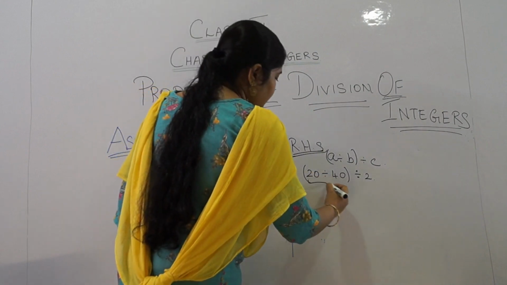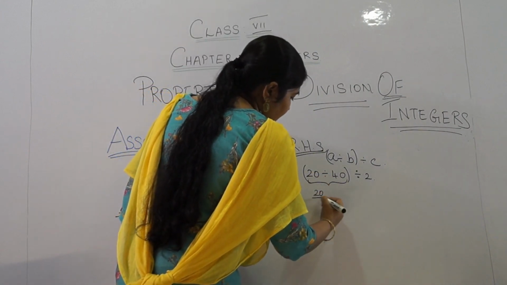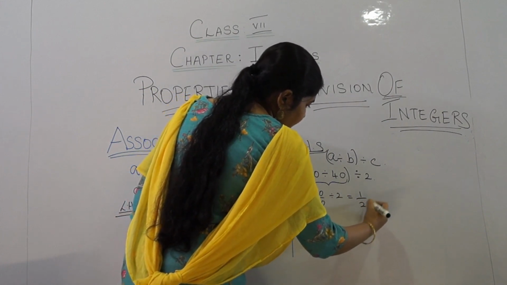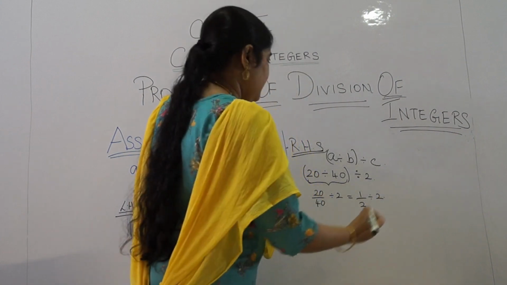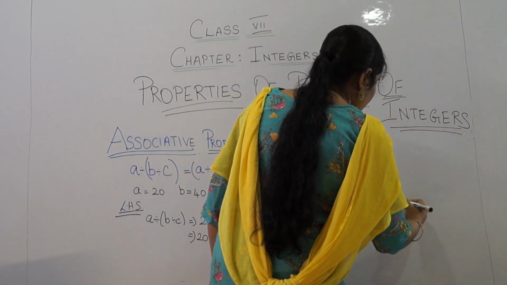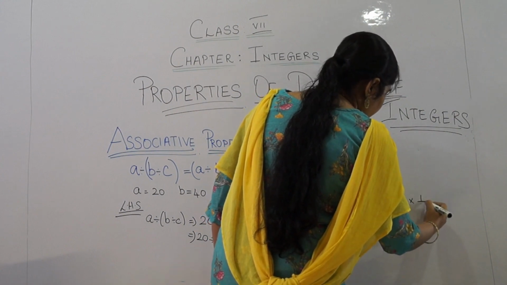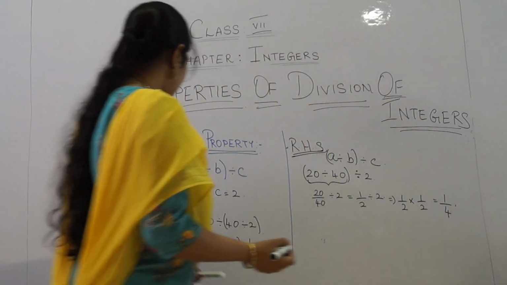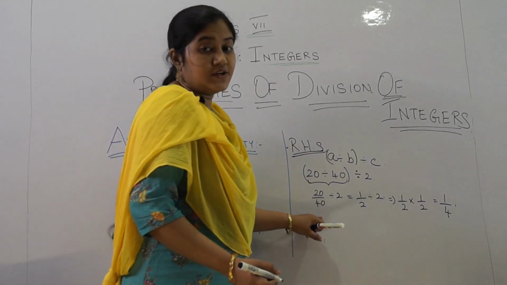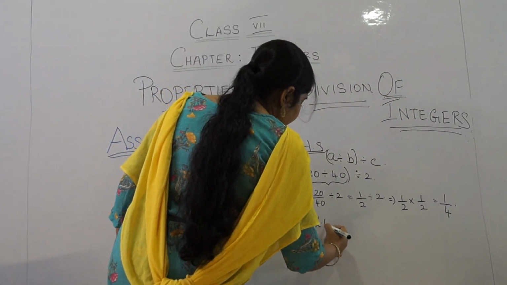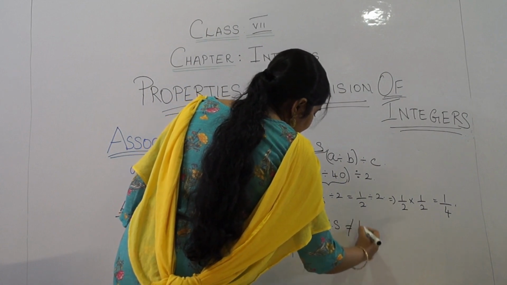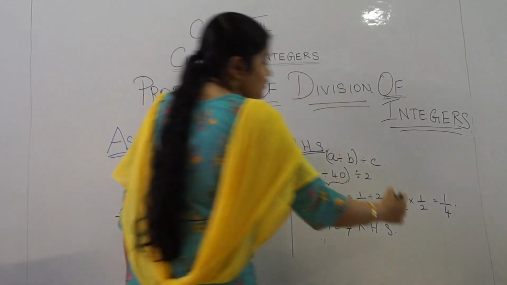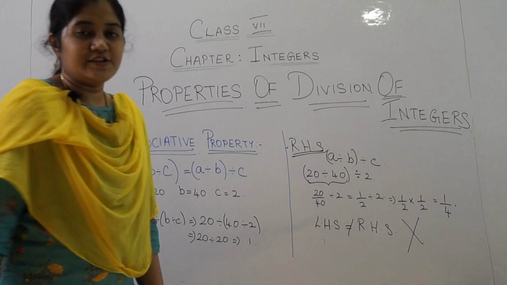So 20 divided by 40 is 1 by 2, divided by 2, which is equal to 1 by 2 into 1 by 2, which equals 1 by 4. So now my LHS and my RHS do not match. So my LHS is not equal to RHS. Therefore, the associative property does not hold good in the division of integers.